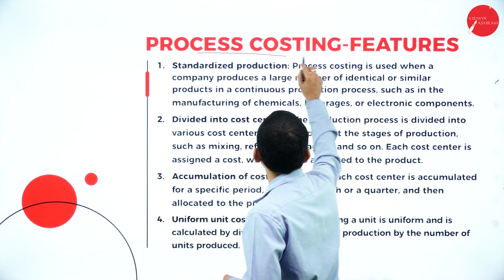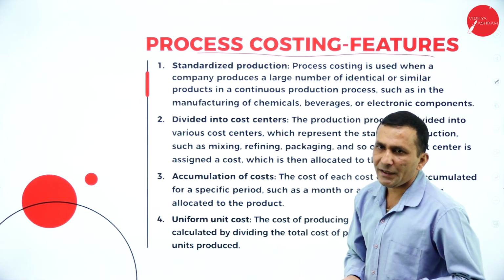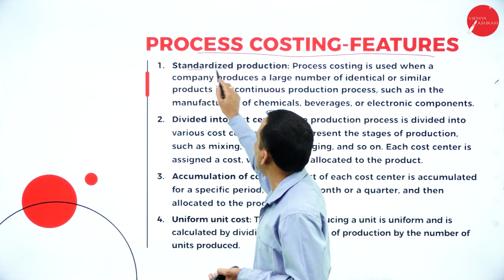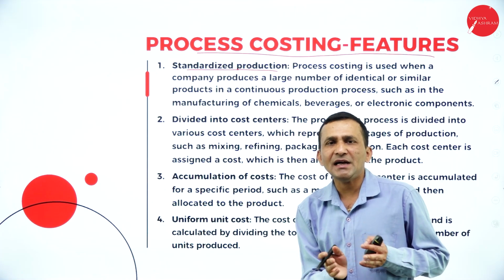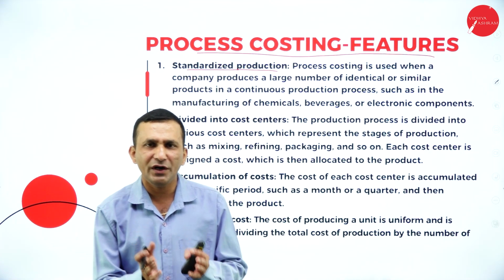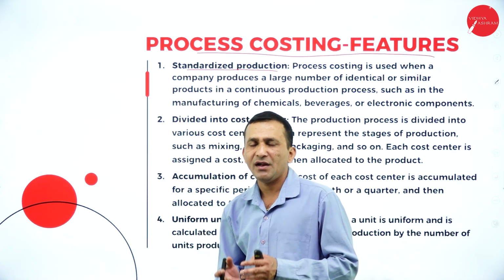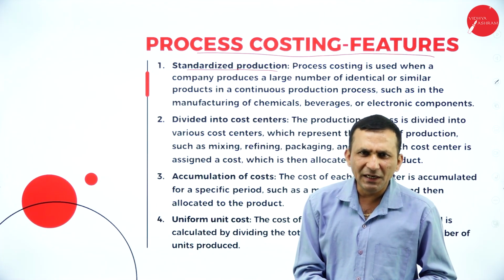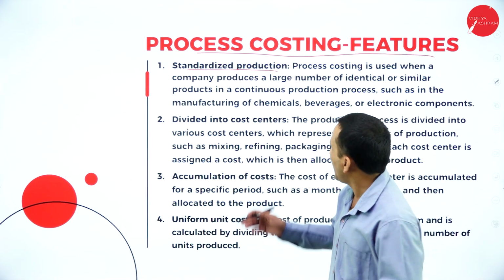Now the process costing features, what all we can identify. No doubt it is standardized production. Standardized production means actually companies like manufacturing, food industry, oil and refinery, printing press, everything.